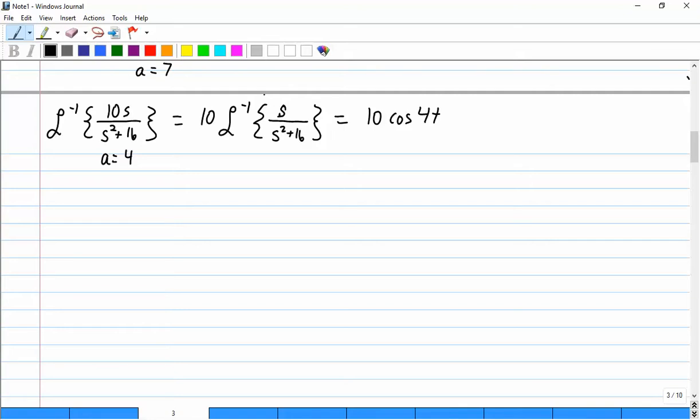Alright, I want to see if you can figure this one out, and then we'll actually do one that requires you to think. Let's see, 4 over s plus 6 over s to the 5th minus 1 over s plus 8.